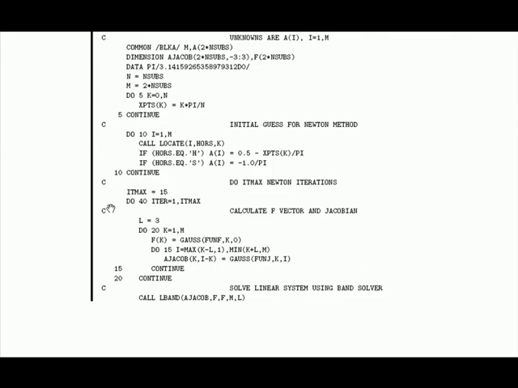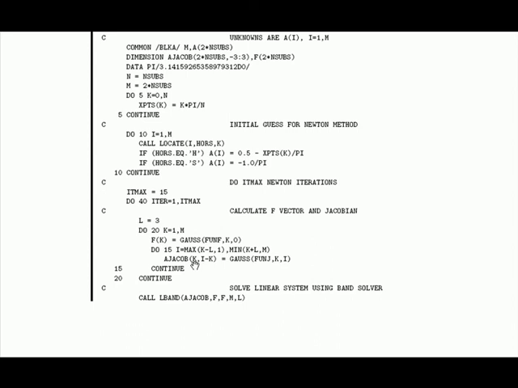And finally, in the main program, notice we do a maximum of 15 Newton iterations, and here we define the components of the Elf vector for Newton's method by calling our Gauss function to integrate FUN Elf, which remember was just the integrand that we need in the definition of Elf k. And then here we calculate the components of the Jacobian matrix.